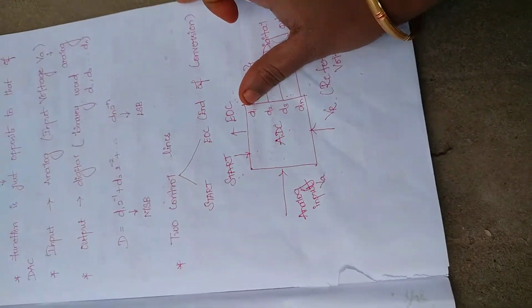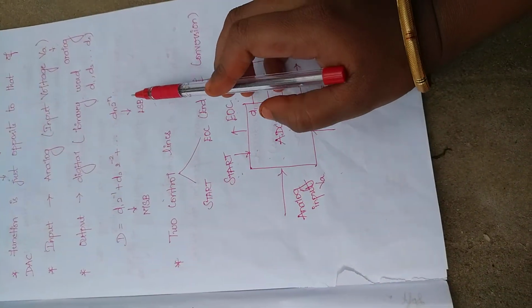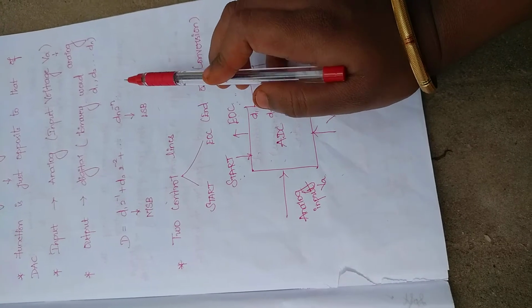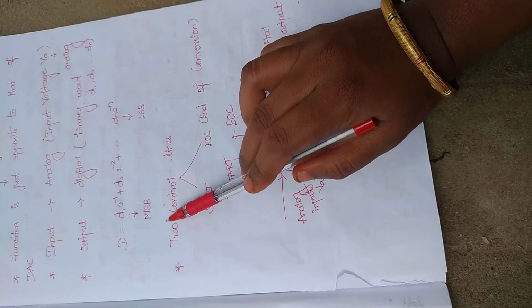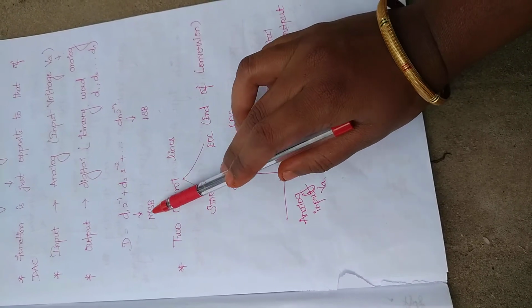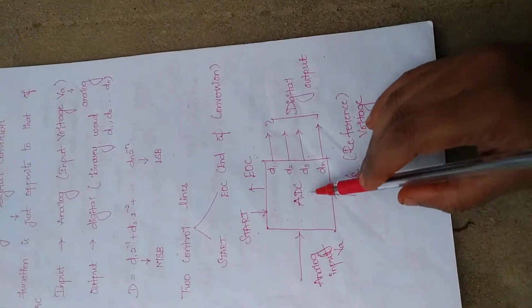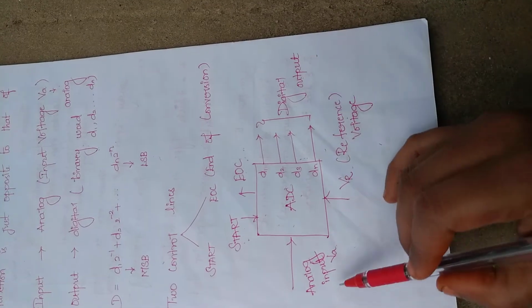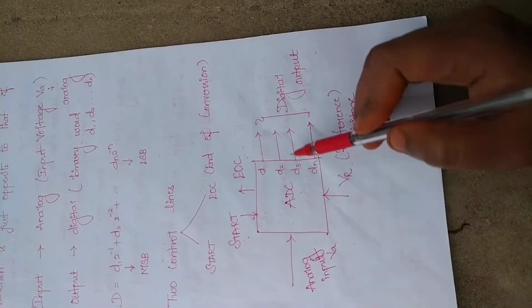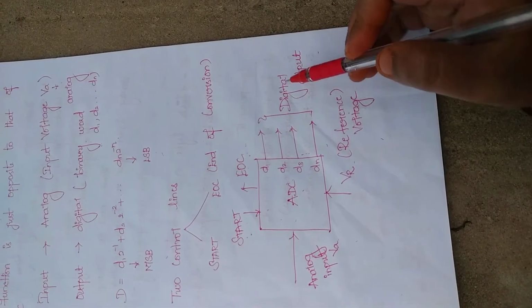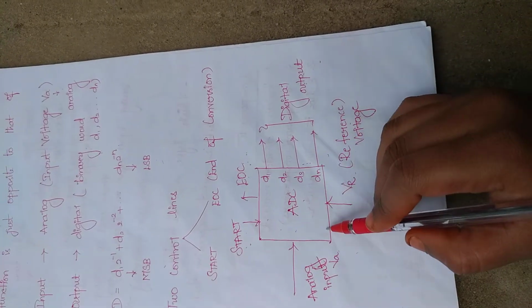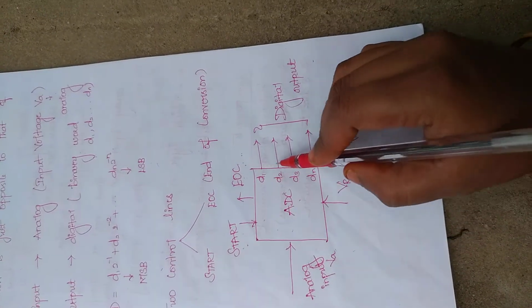As usual, if we represent digital, it should be represented with the least significant bit and the most significant bit. So here is your block diagram of analog to digital conversion. Your input will be analog and output will be digital. This circuit has to be energized, so biasing should be given.